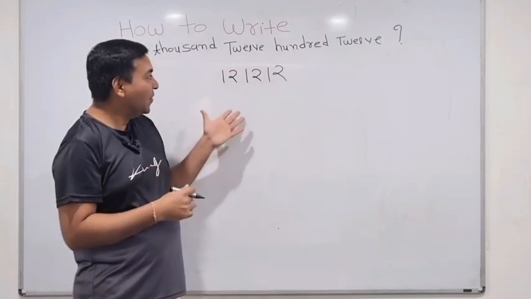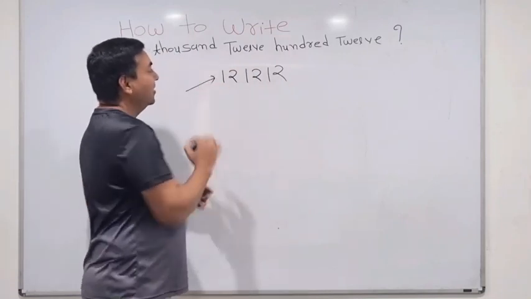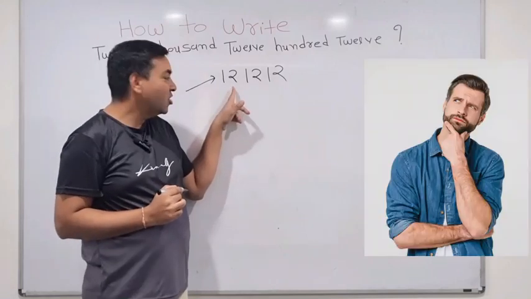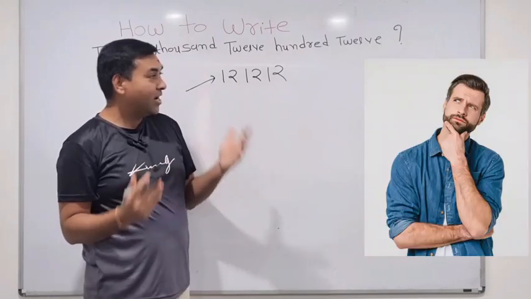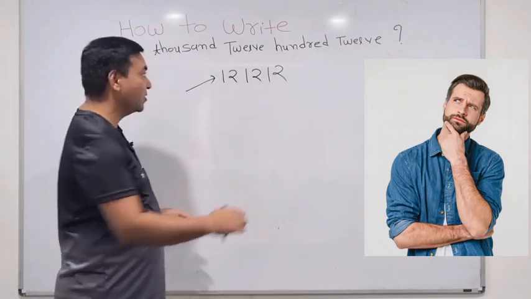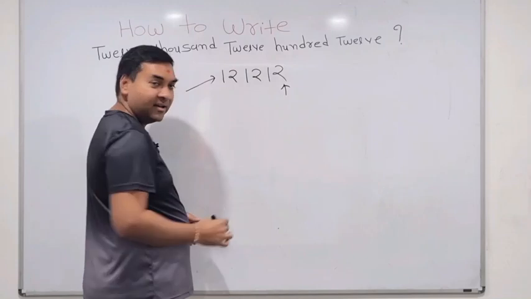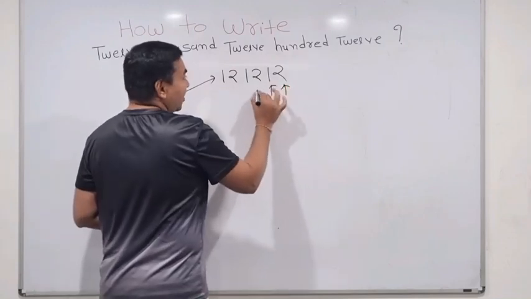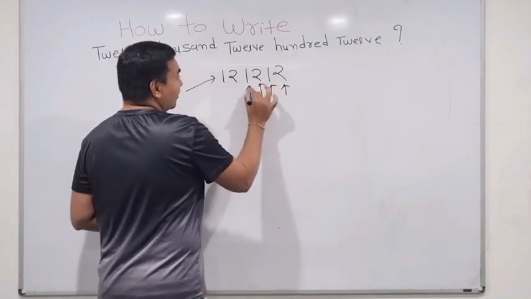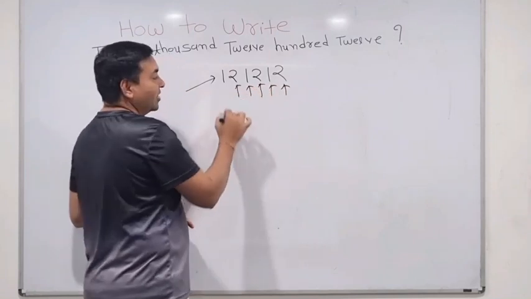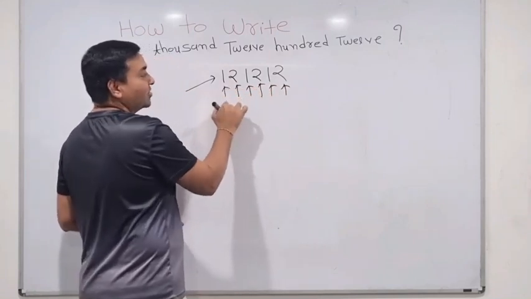But now, let us see properly. Is this number 12,1212 really? For that we go to see, because that's my first number. This is my unique digit, yeah? This is my tens, hundreds, thousands, 10,000s, and this is 100,000s, guys.